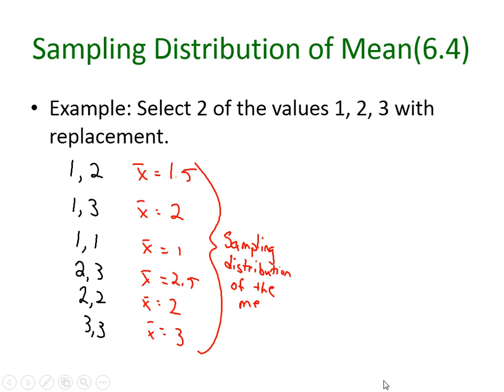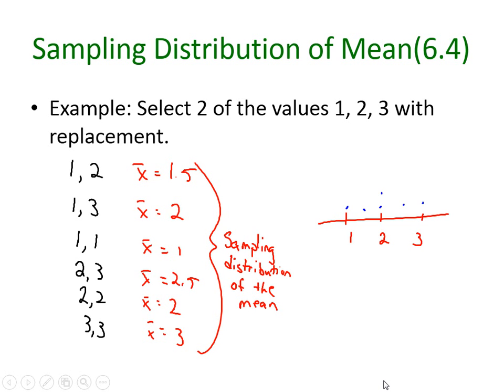Well, if I look at how that distribution looks, 1, 2, and 3 are things we could have. When we're looking at these, the first number was 1.5, second was 2, we had a 1, then we had a 2.5, then we had a 2, then we had a 3.